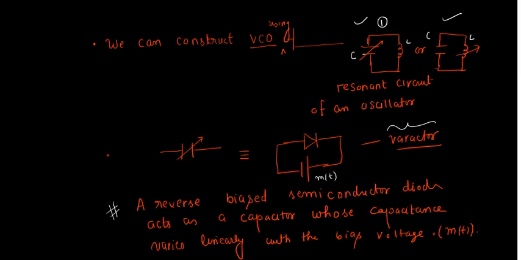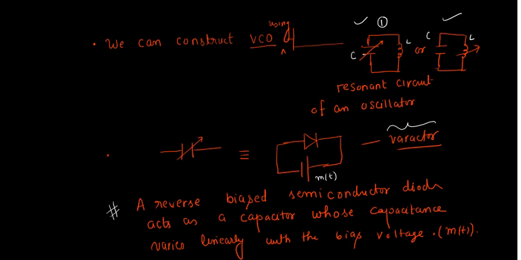Next, the question is how to realize this VCO, right? Because we said that a VCO is a device which generates a sinusoidal signal of frequency f, and the frequency linearly varies with your message signal m(t), or the frequency deviation.